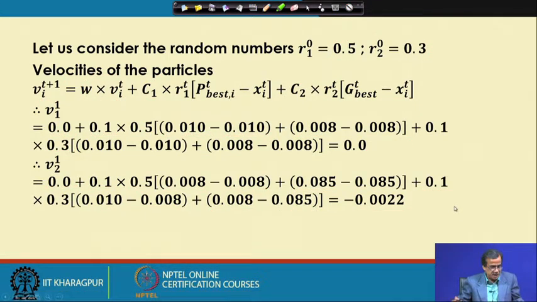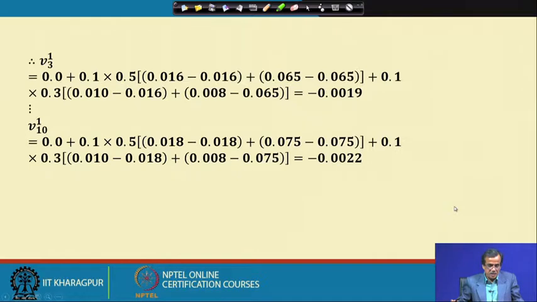So, just to indicate the direction, I am using the negative sign here. Now, next we find the updated velocity for the third particle in the next iteration, and in exactly the same way I can find V31, and the same procedure I will have to continue. Ultimately I will get V10 with respect to 1, the updated velocity of the 10th particle in the swarm corresponding to the next iteration, using the same formula.